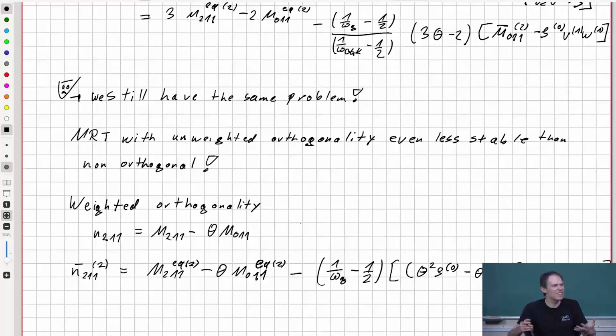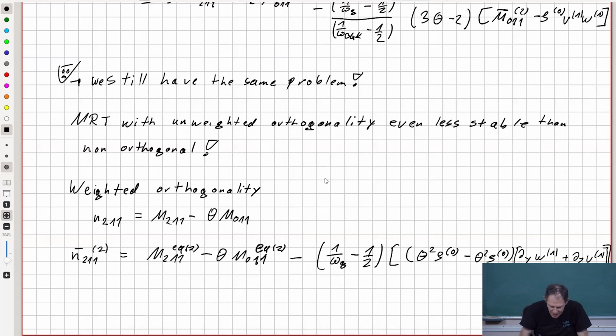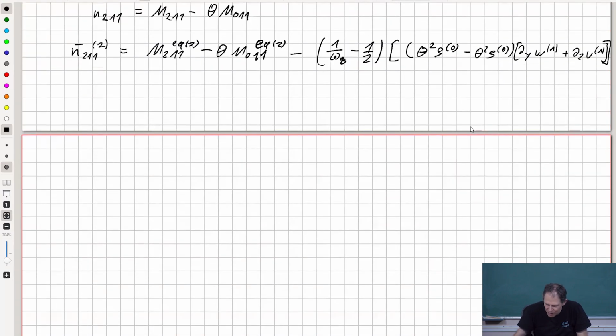Now you could say this is a trick, because this just means that this particular moment that we now generated is not large. So what does this mean for the other moments? For the other, because we have just invented this variable. So let's go back and see what this actually means for the other moment.